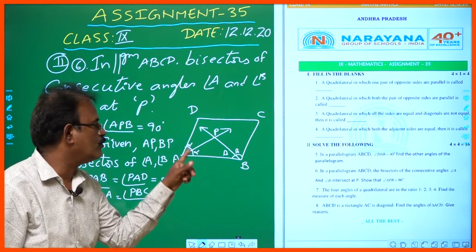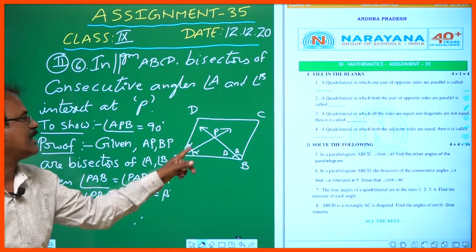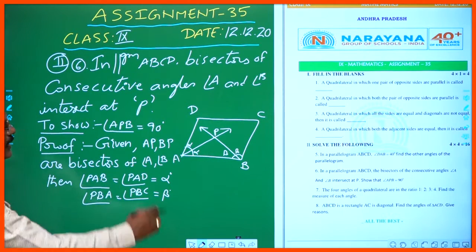According to the concept, both the angles are equal as AP and BP are bisectors of angle A and angle B.